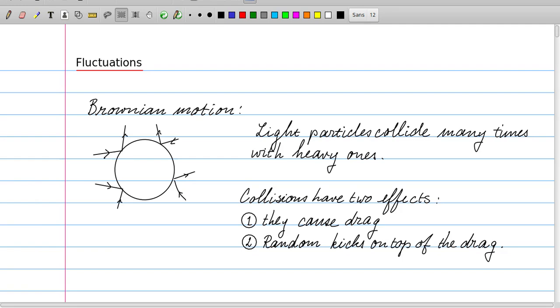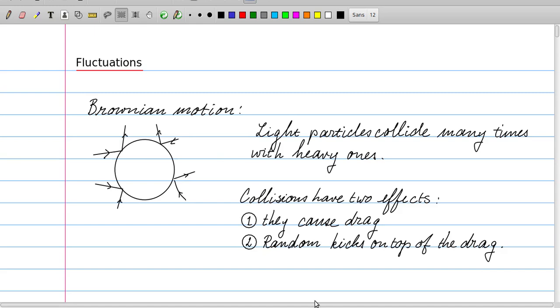The effect of the collisions by the light particles with the heavy particle is twofold. First of all, the heavy particle will feel a drag. You can imagine that if the heavy particle moves at some speed through the liquid, it will experience many more head-on collisions than kicks in the back. And therefore its speed will slow down until it comes approximately to a rest.